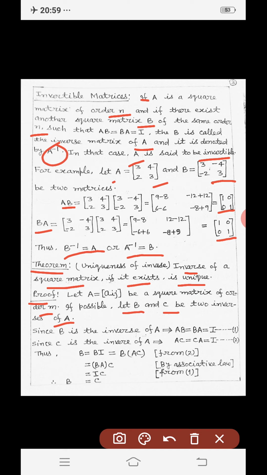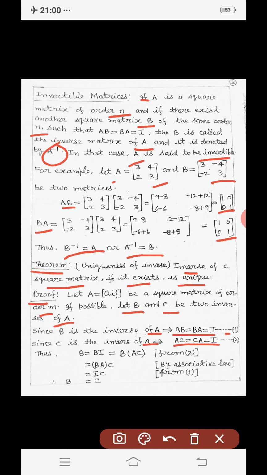Since B is the inverse of A, it implies that AB is equal to BA is equal to I. That is from above. Since C is the inverse of A, it implies that AC is equal to CA is equal to I. That is from above.